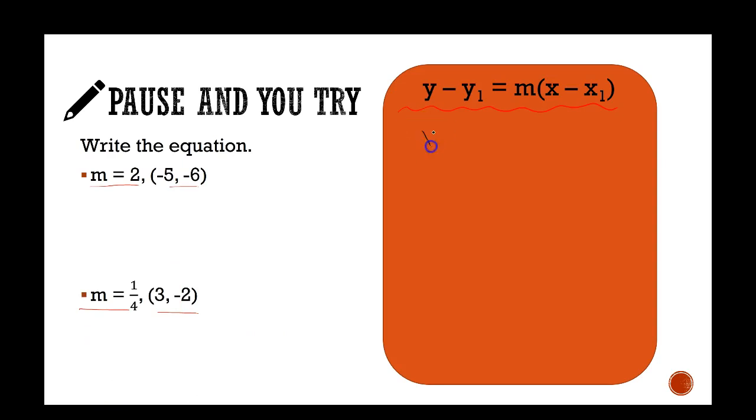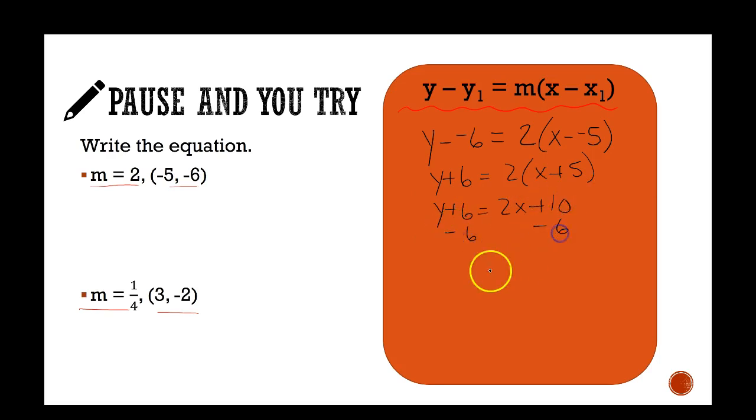So I'm going to substitute in the 2 here for the m. I'm going to substitute in -5 for the x, -6 for the y. So that's y plus 6 equals 2 times x plus 5. Go ahead and distribute. Get 2x plus 10.